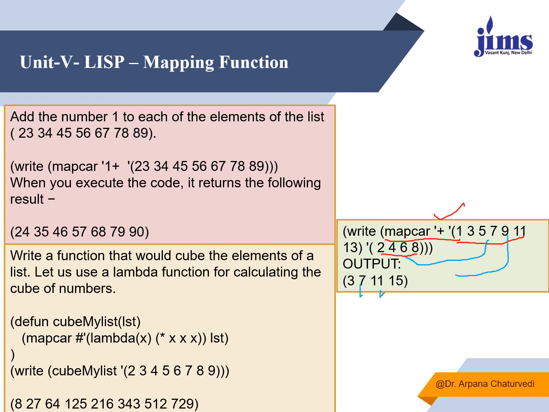Then 7 will be added with 8 and it becomes 15, and the rest of the list is left out and not considered, because it stops then and there where it encounters the shortest list, and the shortest list contains 4 elements only. So after considering the first 4 elements, it stops evaluation and gives the output, a new list with 4 output values only. So this is how we use the mapcar function.